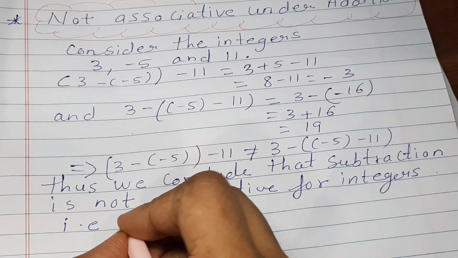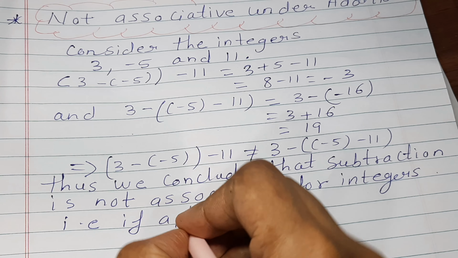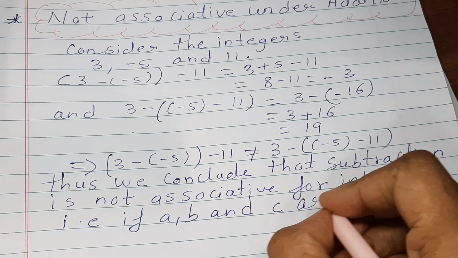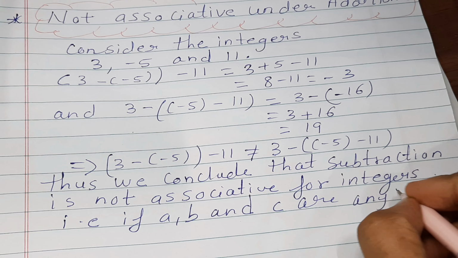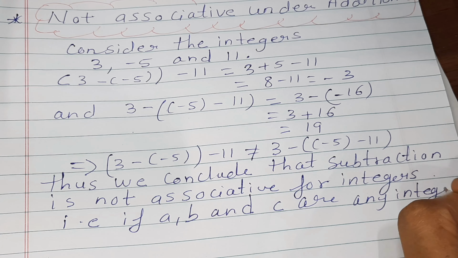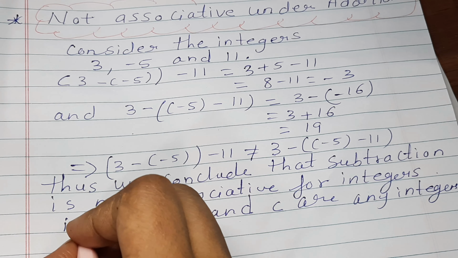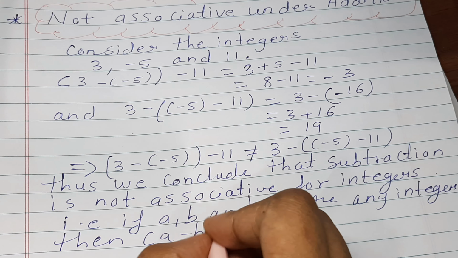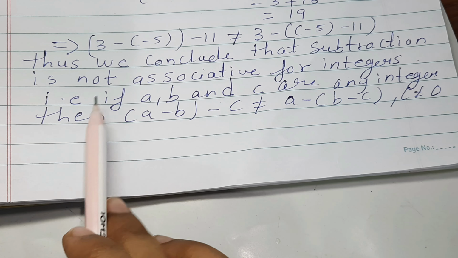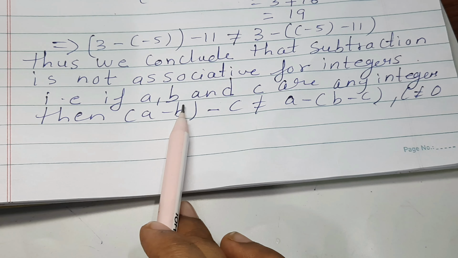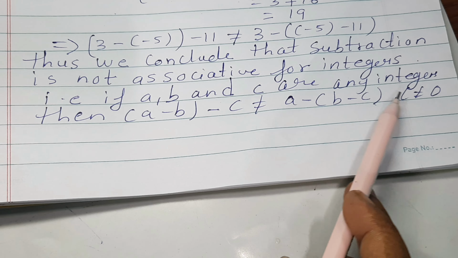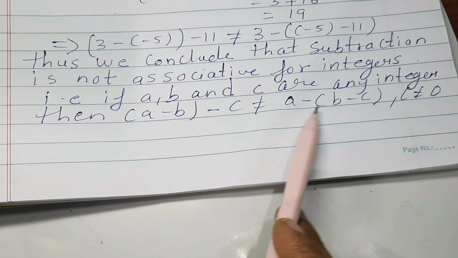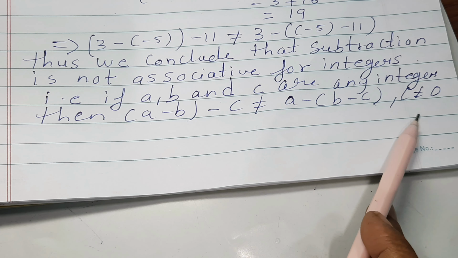That is, if a, b and c are any integers, then a minus b, minus c is not equal to a minus, b minus c.